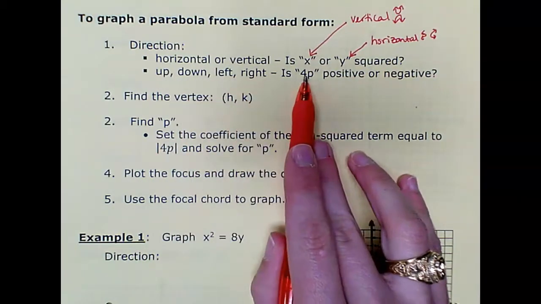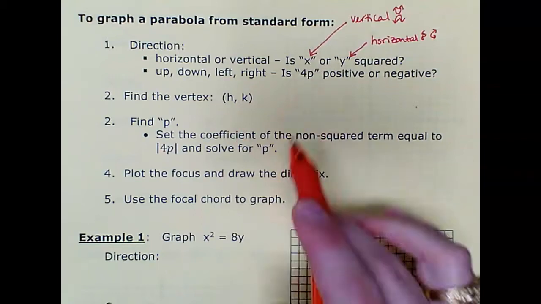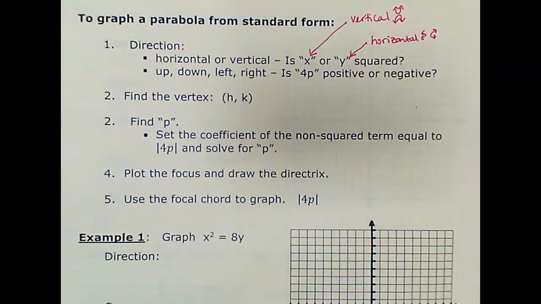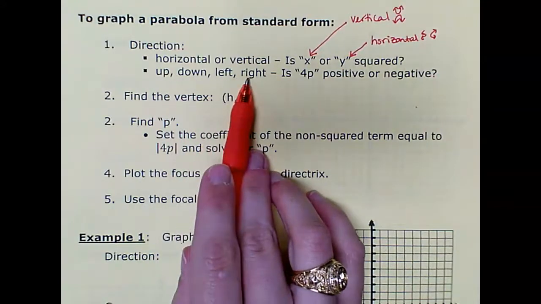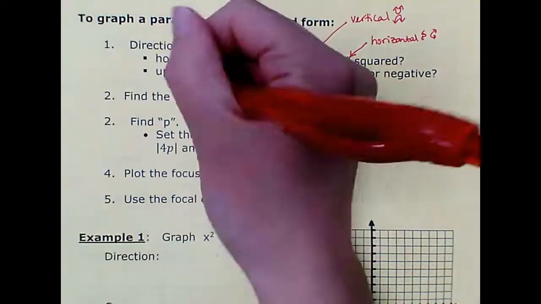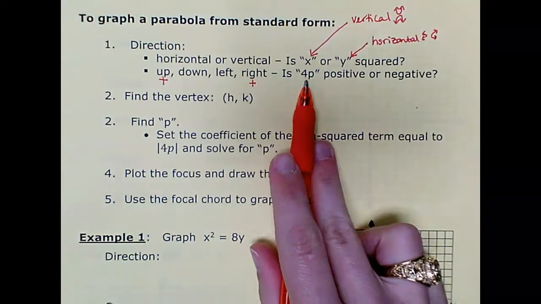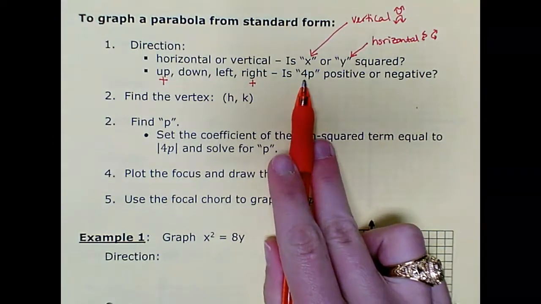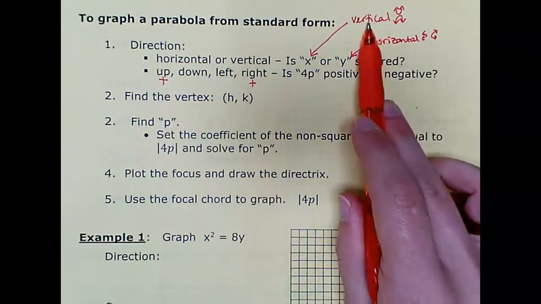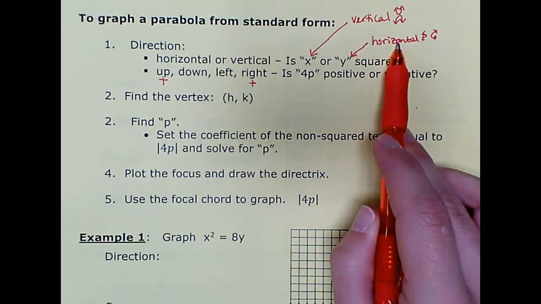That's all based on the 4p, if 4p is positive or negative. And think about what would make sense. Of these four choices, the two that kind of go with a positive would be up and right. So if 4p is positive, then it's either going up or right, and you just have to determine which way. Are you opening vertically up or are you opening horizontally to the right?